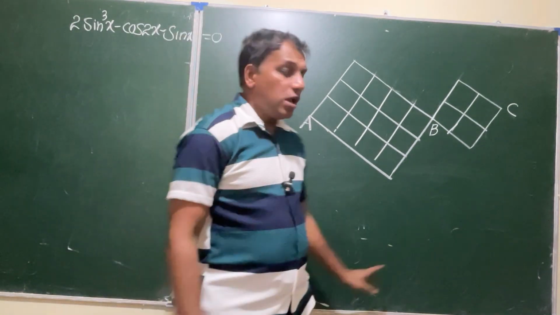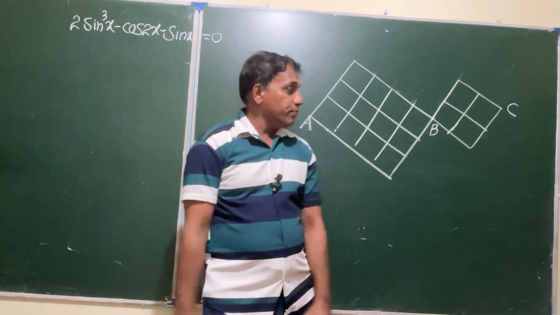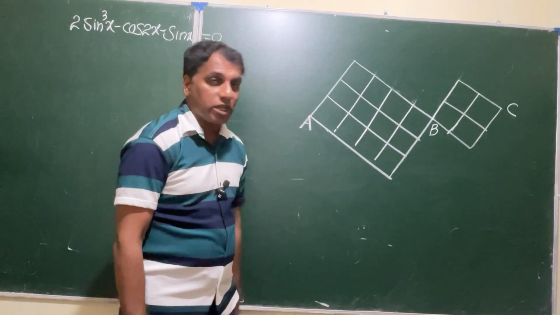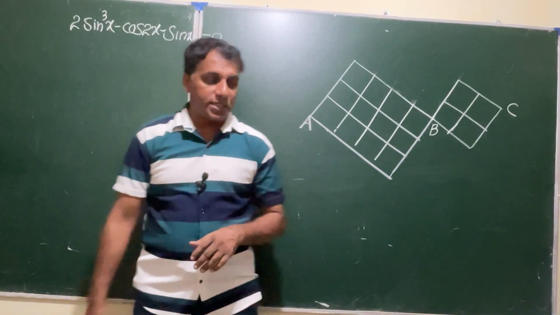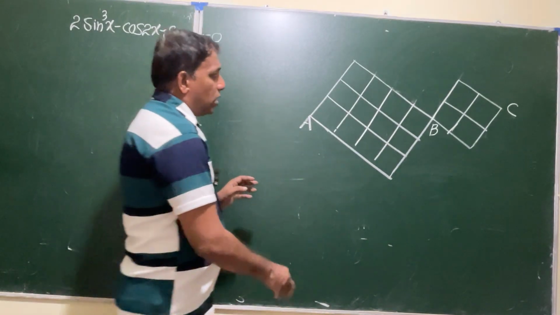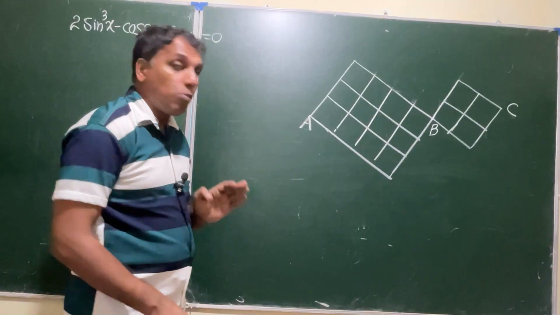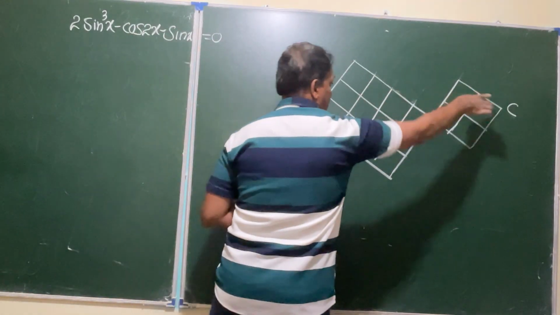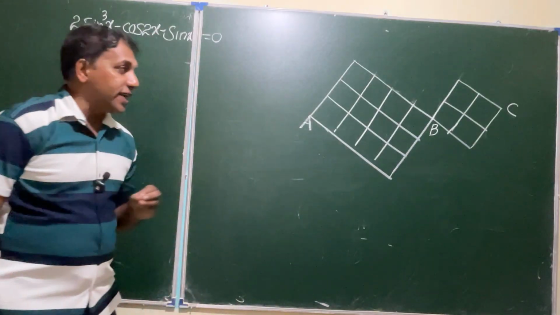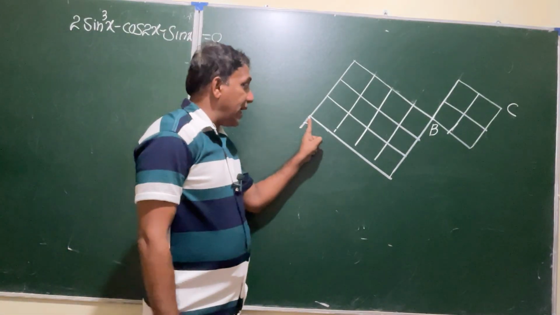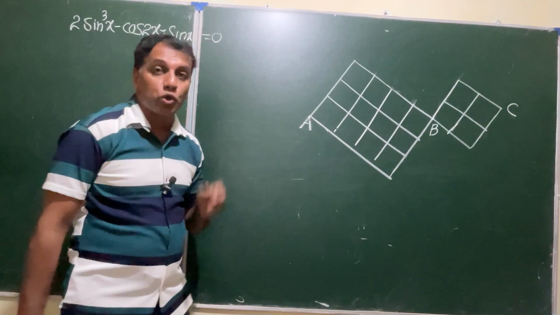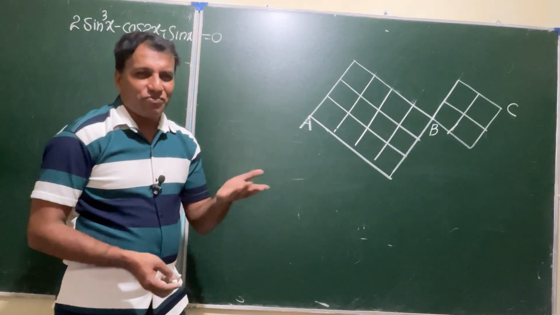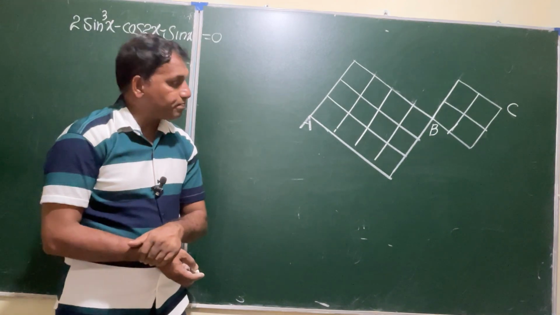Okay, come back to the questions today. One is the grid, permutation, combination, or counting principles. The problem is how many paths or how many routes can move from A to C, the very shortest distance from A to C. How many routes to go, how many paths, the famous combination problem.